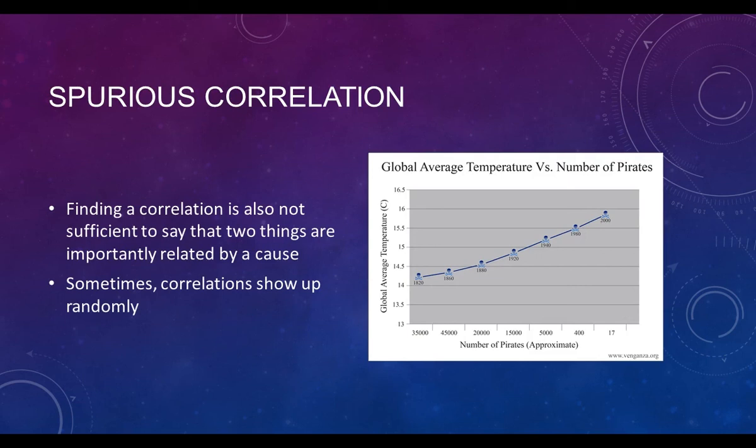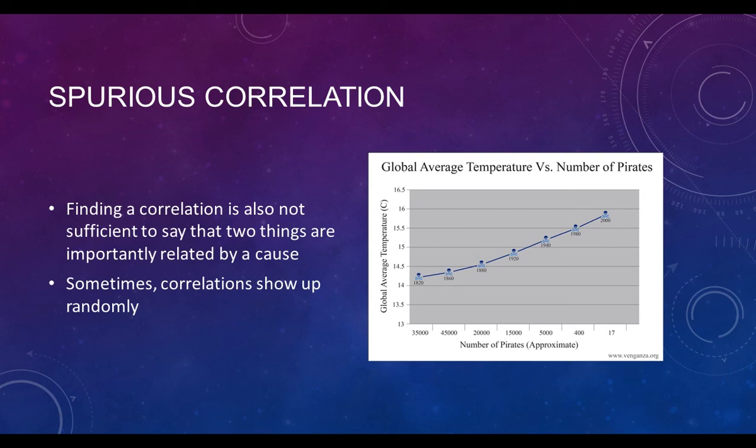Finding a correlation is not sufficient to say that two things are importantly related by a cause. Sometimes correlations show up randomly. Here's a lovely graph of global average temperature versus the number of Caribbean pirates. As you can see, there's a steady correlation between rising global temperatures and falling Caribbean piracy. Therefore, nothing.